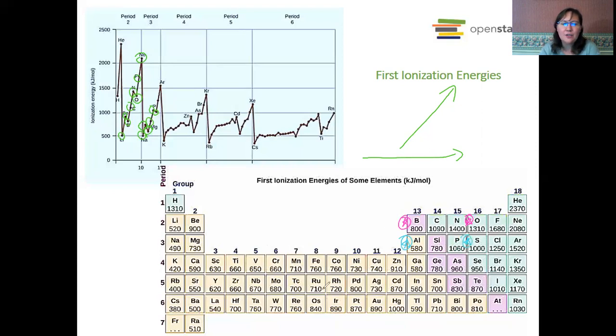And you can see those jumps in the same places as well. Let's not look at our transition elements because those are different. But look, we have 590 down to 580, 780, 960, down to 950. You see these in the same place every single time. The question is why? I have an answer for that.